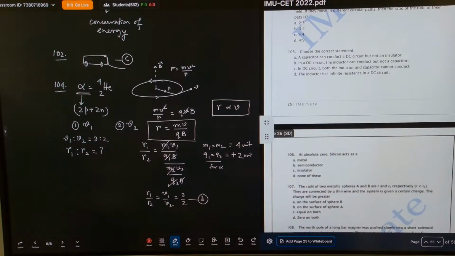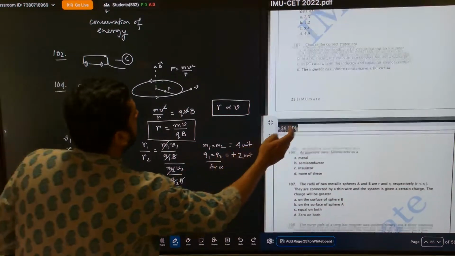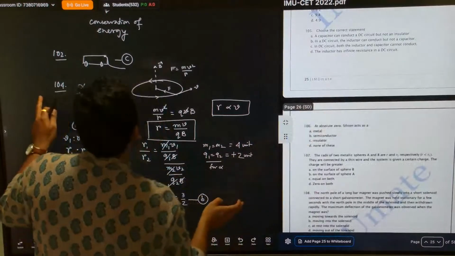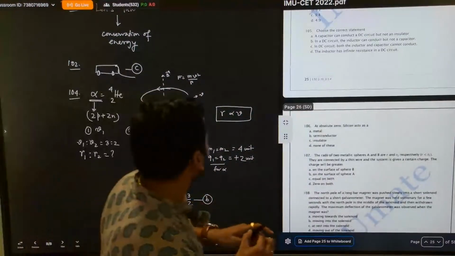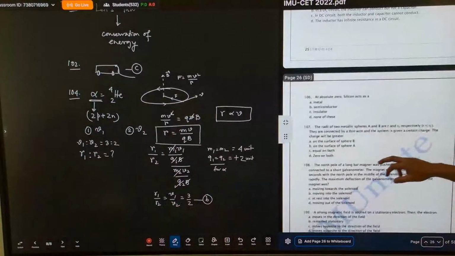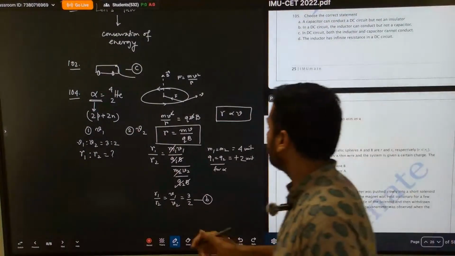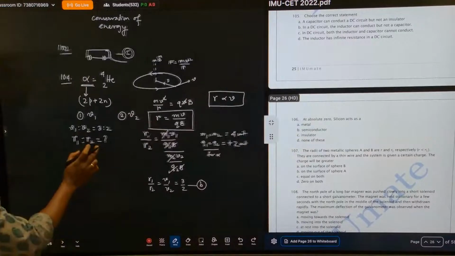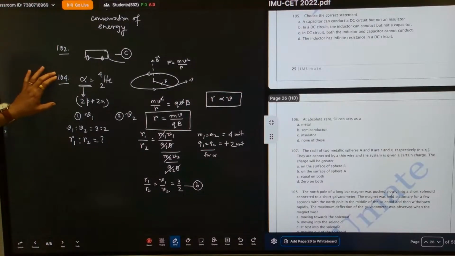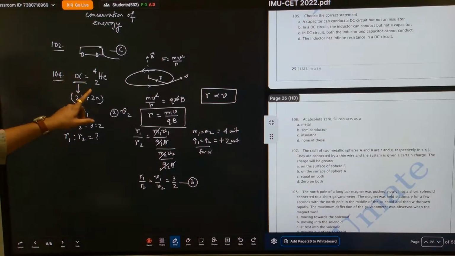Mohtasim, I think it is 3:2. Look at the solution, you could get it. I didn't write the conclusion because the question came with 2 alpha particles.